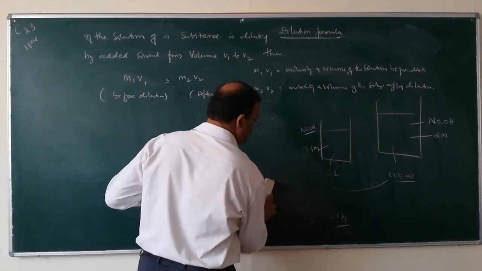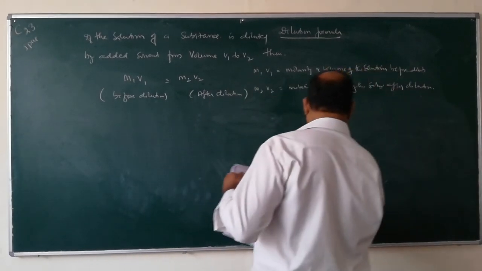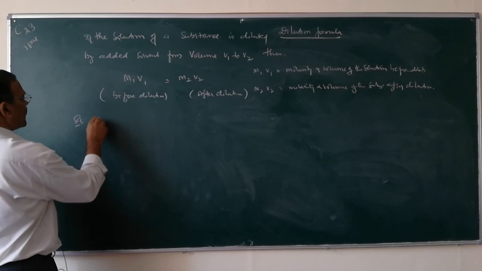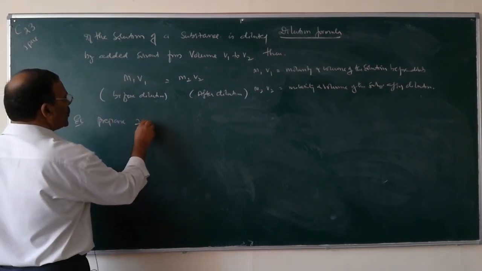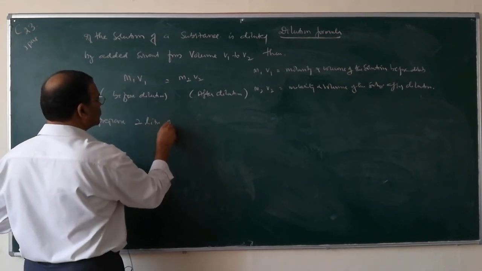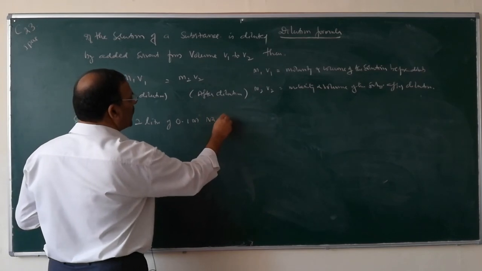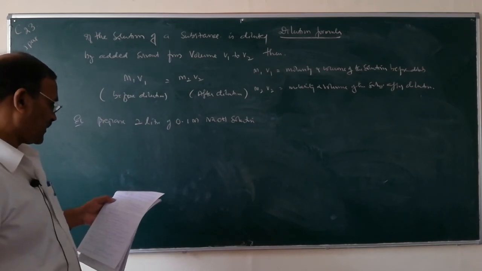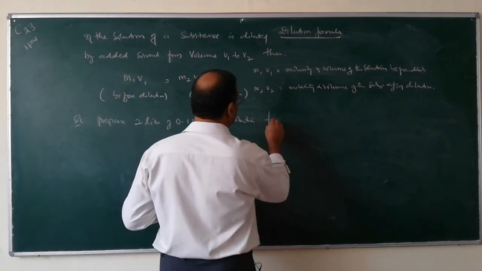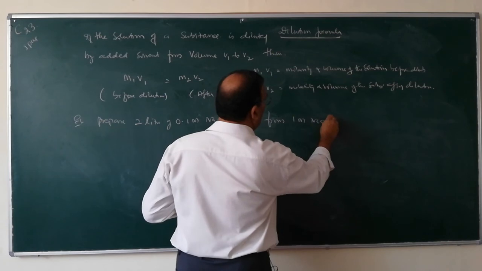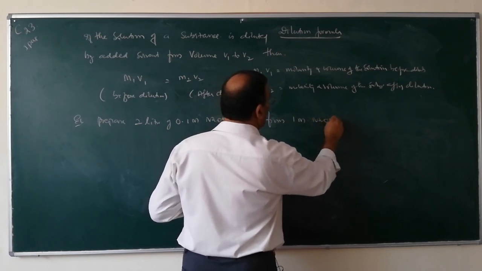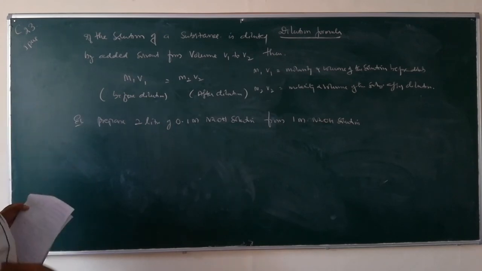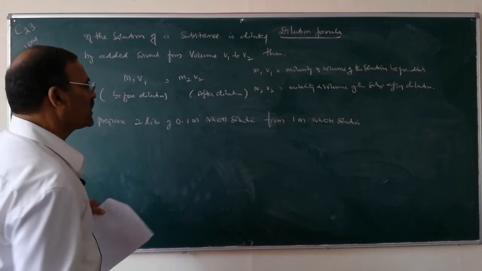Example: prepare 2 liters of 0.1 molar NaOH solution from 1 molar NaOH solution.